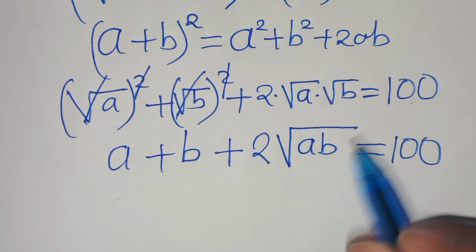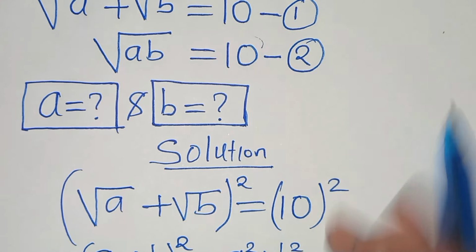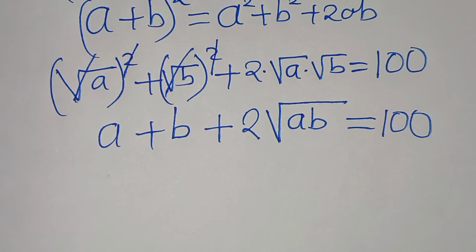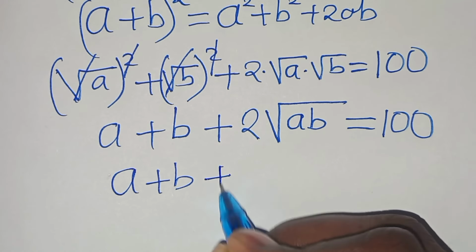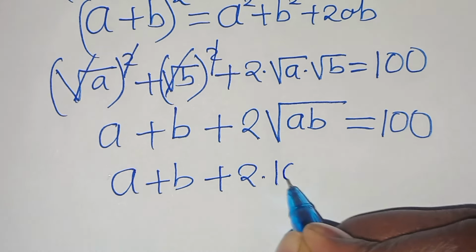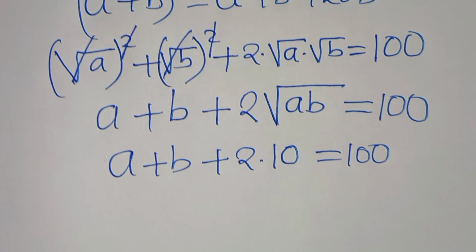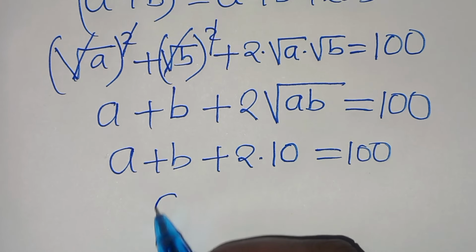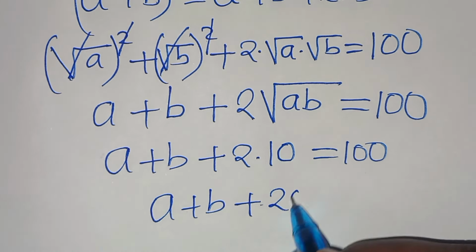Square root of a times b, this is what we have in equation 2 here, which is 10. Substituting this, then we have a plus b plus 2 multiplied by 10. This is equal to 100. So this is a plus b plus 2 times 10, this is 20.